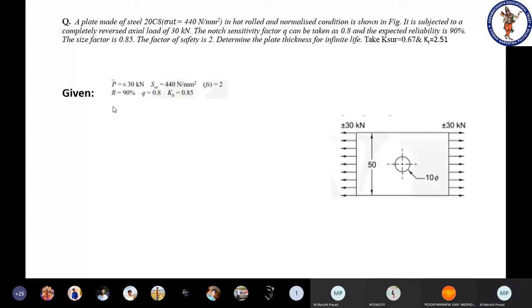Factor of safety is 2. Determine the plate thickness for infinite life. Take surface finish factor as 0.67 and theoretical stress concentration factor as 2.51.